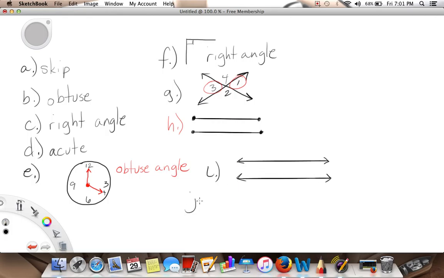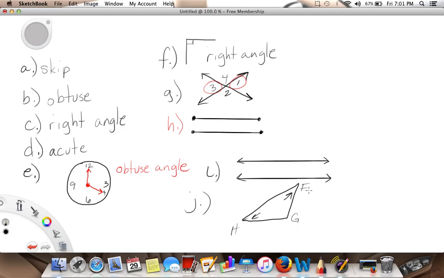Okay? J. J says angle H is an acute angle. Name another acute angle. Well, if we look at that picture, that triangle looks kind of like this. And we have H, F, and G. So this is acute right here, H. They tell us that.